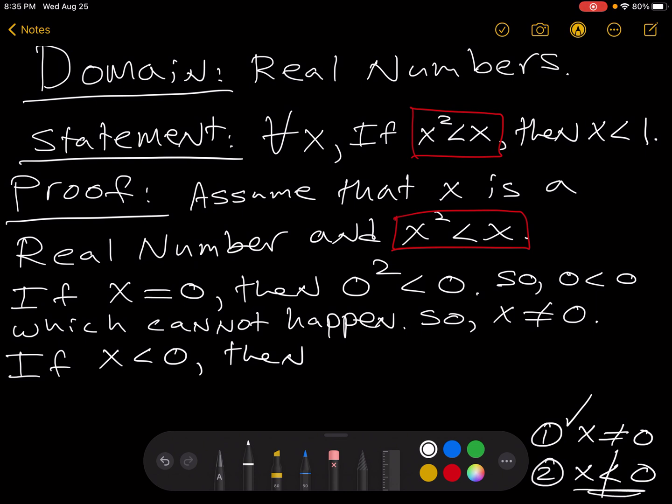That's what we're trying to show. But we're saying, what would happen if it was negative? And we're going to find something else that cannot happen. And so then x cannot be negative. Remember, all mathematical statements are true or false. So if this can't happen, then the negation must be true.